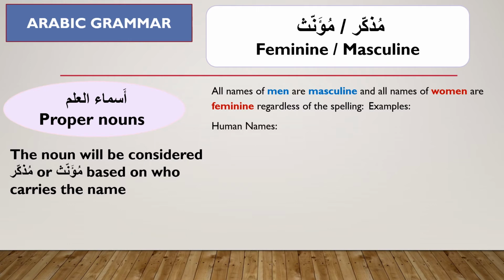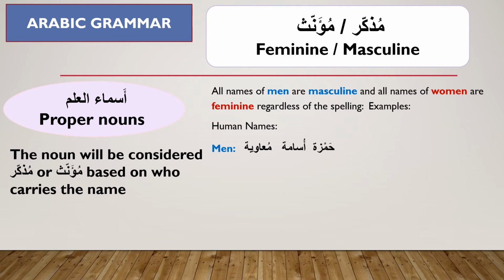Examples: human names. I'm going to show you some names for men that end with ta marbuta. And we know that nouns that end with ta marbuta are feminine nouns. But because these words are proper nouns, names of men, even though they end with ta marbuta, they are considered masculine.